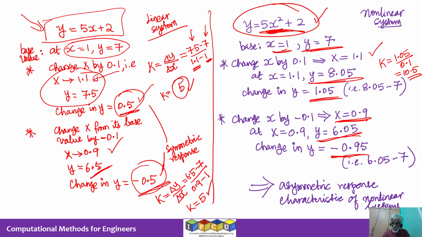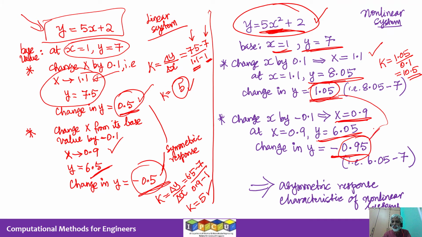So can you see the change here? Ignore the sign. If you look at the magnitude, when you make a positive change of 0.1, the value of y changes by 1.05. If you change the x value by 0.1 negative from its base value, the change in y is 0.95, right? The magnitude. I'm just talking about the magnitude here.